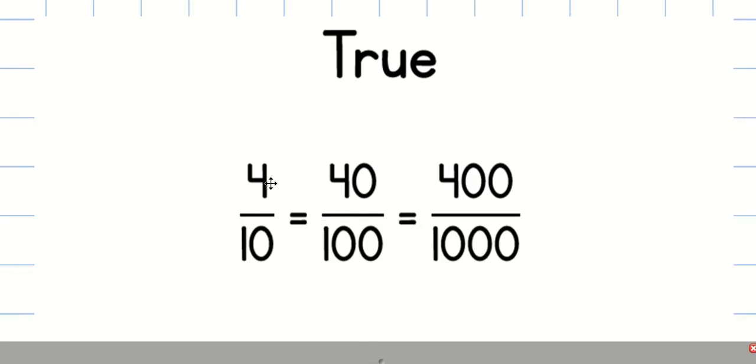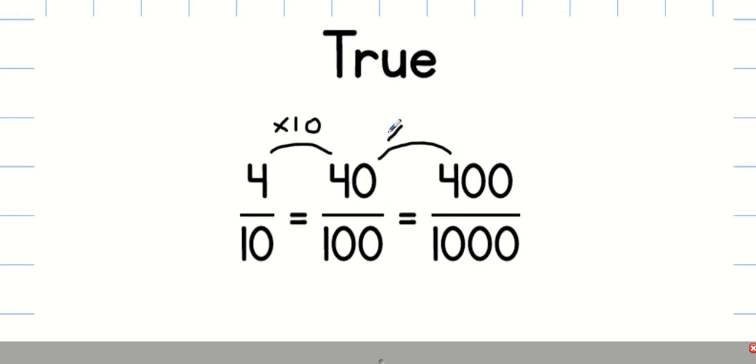And if we see it as a fraction, we can see it even more closely. With 4 tenths, what do you think I need to times 4 tenths by to get to 40 hundredths? That's right, I times it by 10. And 40 hundredths, what do you think I'm going to times by to get to 400 thousandths?